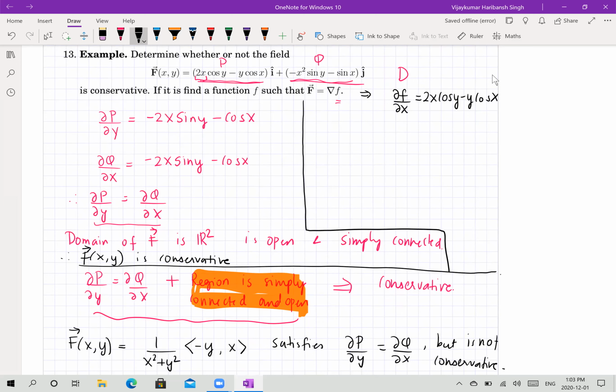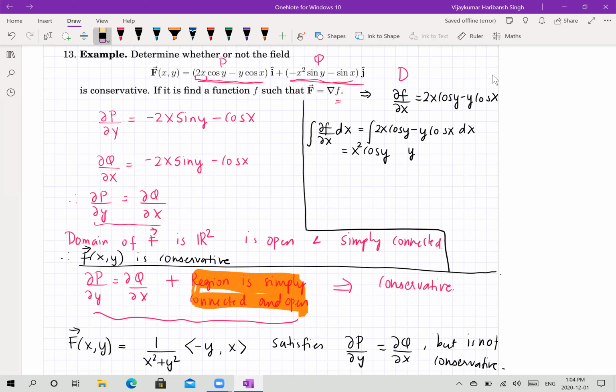If we integrate this with respect to x, the integral of 2x cos y minus y cos x dx is x squared cos y minus y sin x, since the integral of cos is sine.